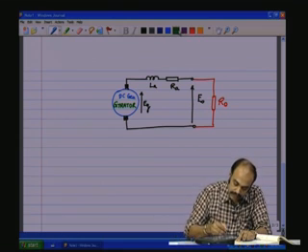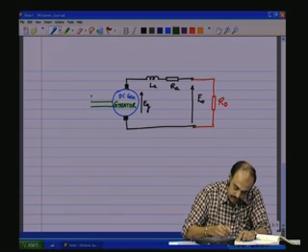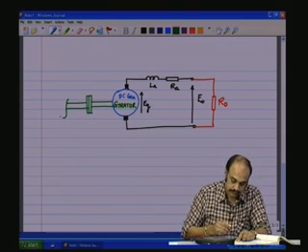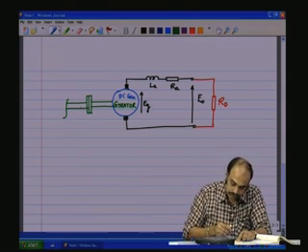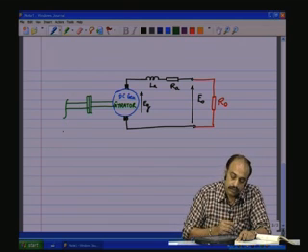Now, on the mechanical side, there is a coupling of course, and that is connected to a source, a prime mover, which is going to generate the torque.